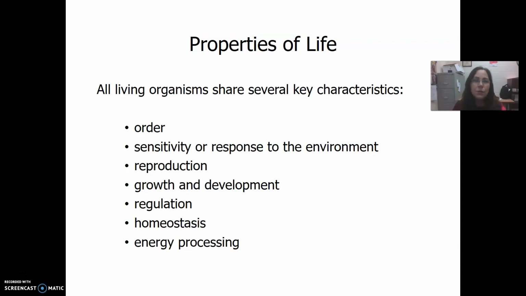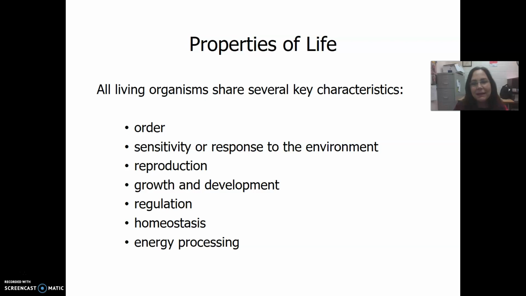Molecules are arranged to form cell parts called organelles. And then the simplest level of a living thing that has all the characteristics of living things is the cell. So all living things are at least as big as one cell. They're at least one cell big.